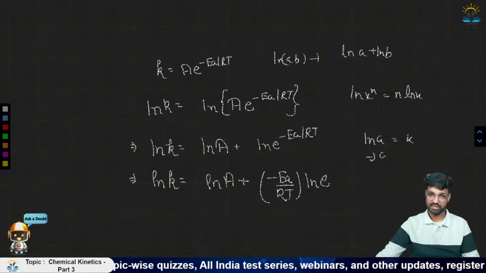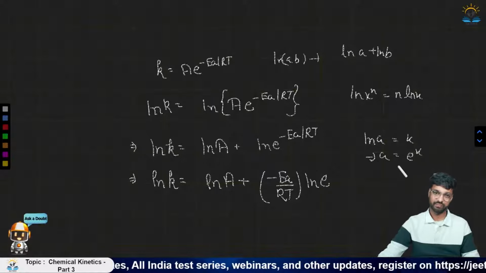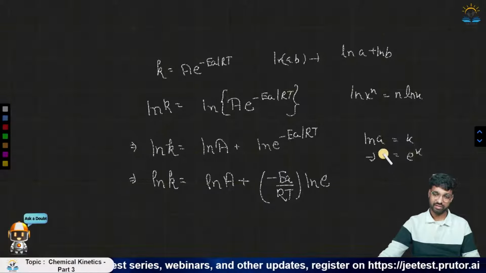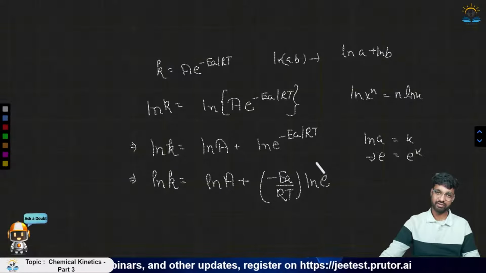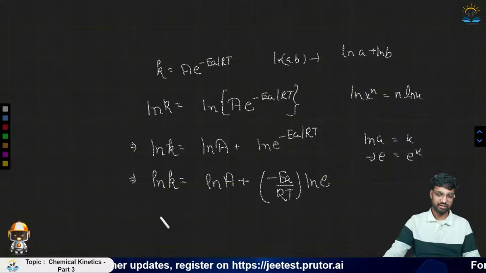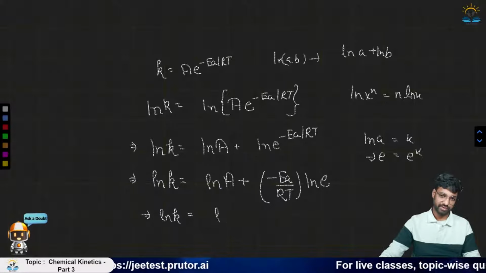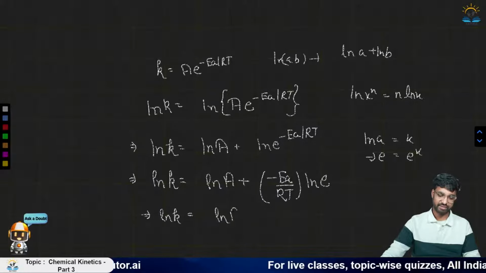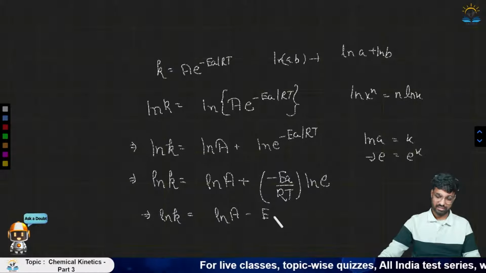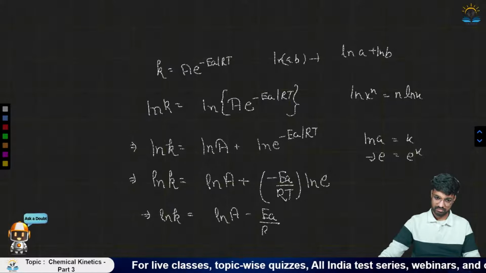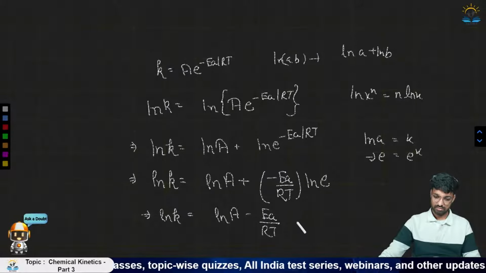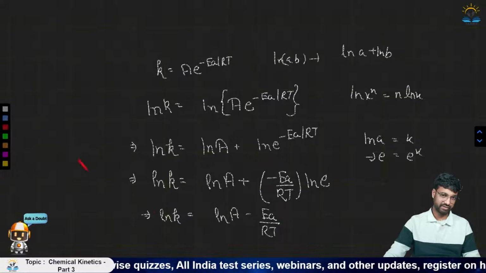Now it is saying that we have e here. So when will it be e? When x = 1. Therefore we can further write this equation as ln k = ln A, and this plus minus will be minus Ea/RT. Okay, so this is the final equation we have here.